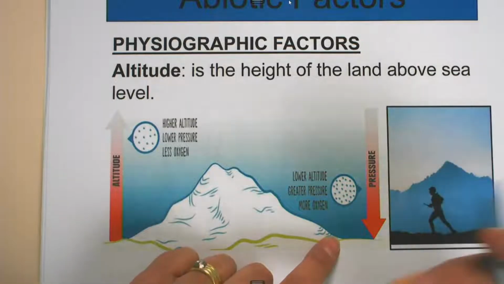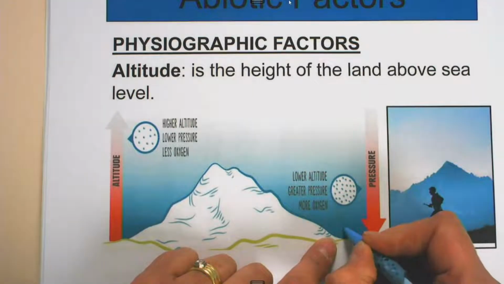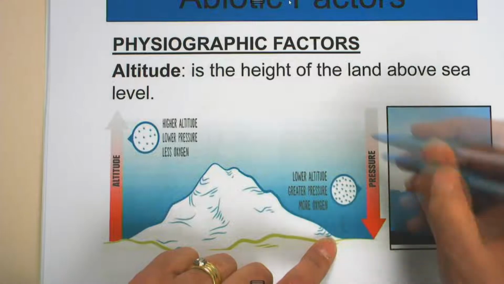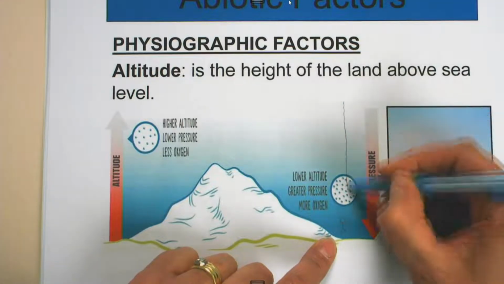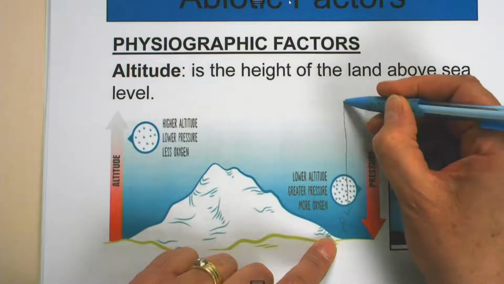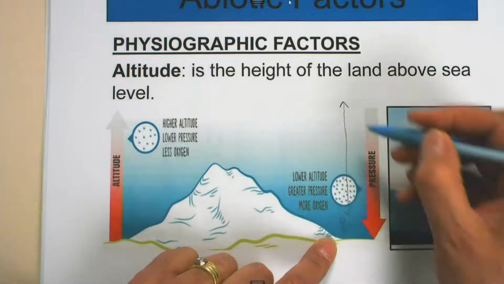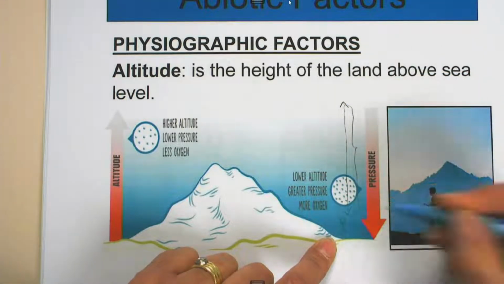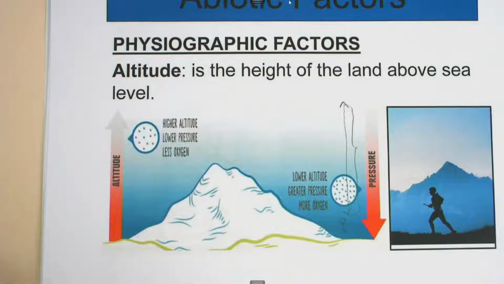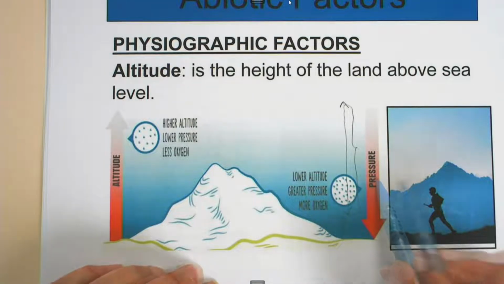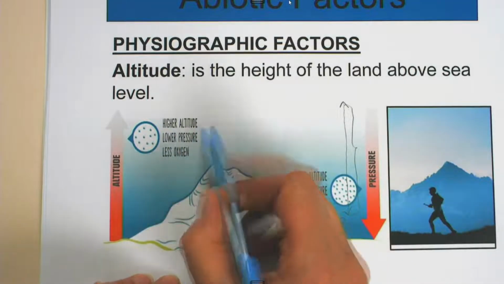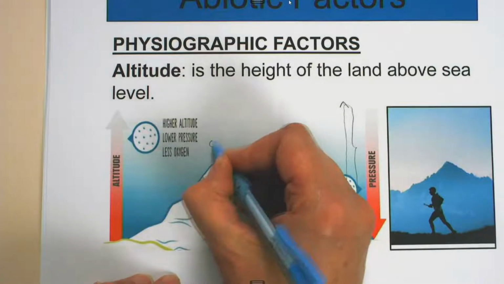Now you're going to ask me, how is the pressure greater here? Imagine the amount of air that is now pushing down on you, the pressure of the air on you. Look at that amount of pressure that is pressing on you. So there's more pressure.